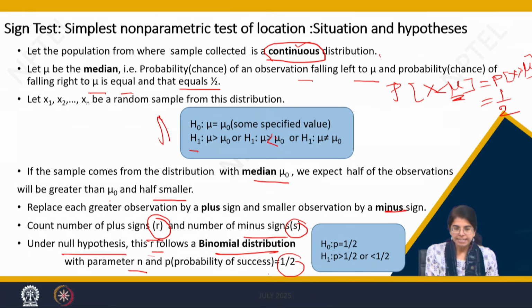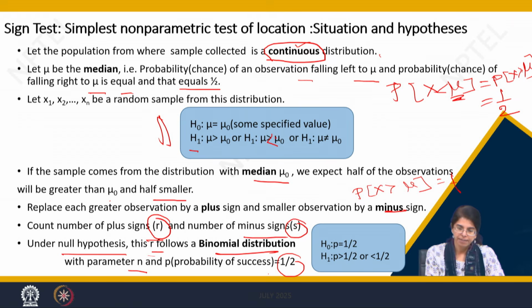Therefore, this structure H naught: mu is equal to mu 0 against the alternatives can be rewritten in the form of probability as well. H naught: p is equal to half against H 1: p greater than half, or p less than half, or p not equal to half. Now, you can ask me what this p stands for. P stands for the probability that X is greater than mu, that is equal to p.